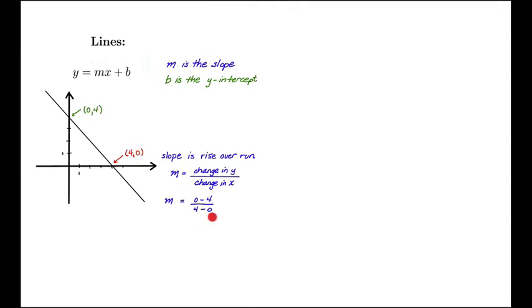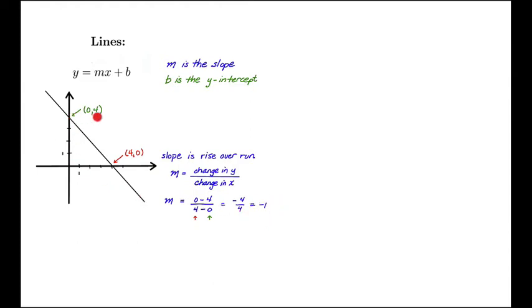And 4 minus 0 in the denominator for our change in x. So again, remember that the first components are from the same point, in this case the x-intercept, and we subtract components from the other point, or the y-intercept. So this gives us minus 4 over 4, which reduces down to minus 1 as our slope.